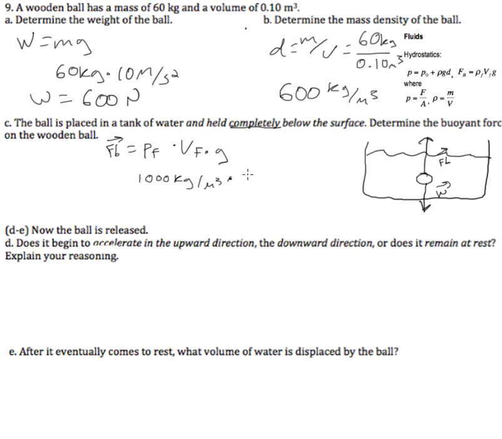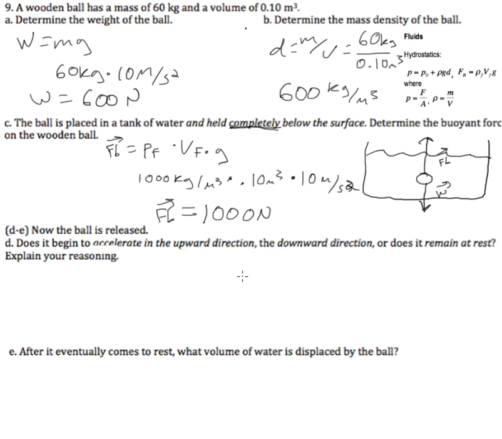And because we know we're completely below the surface, we're displacing 0.1 meters cubed. And gravity, again, we'll use 10 meters per second squared. So this should give us 1,000 newtons for our buoyant force.